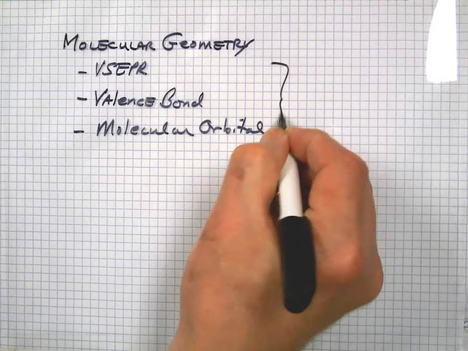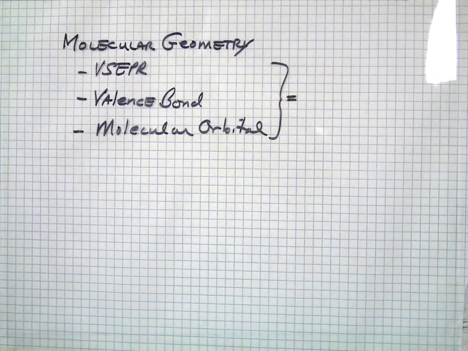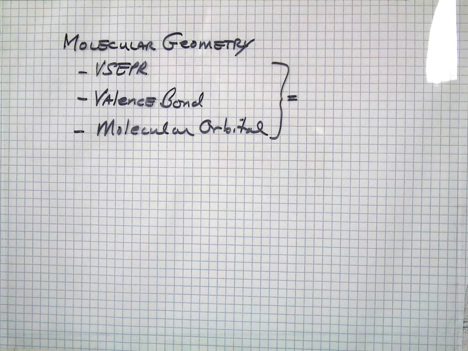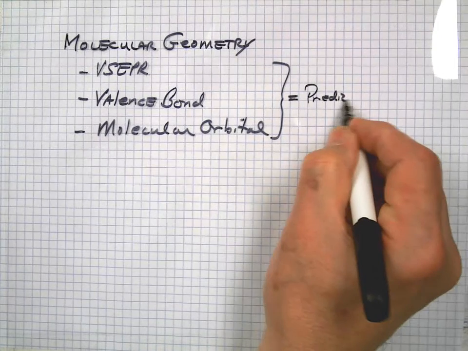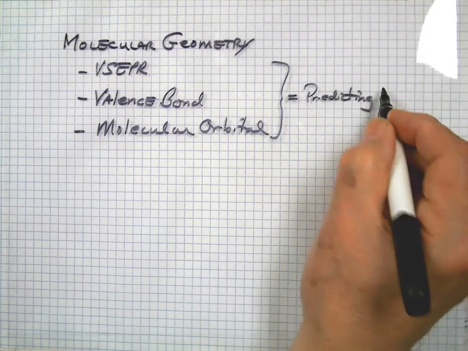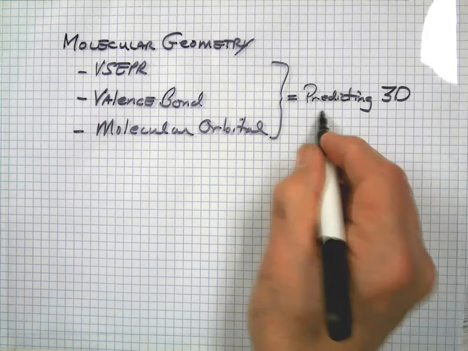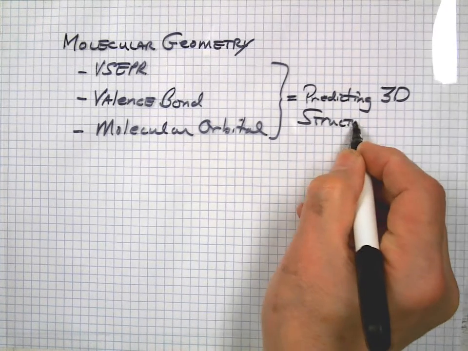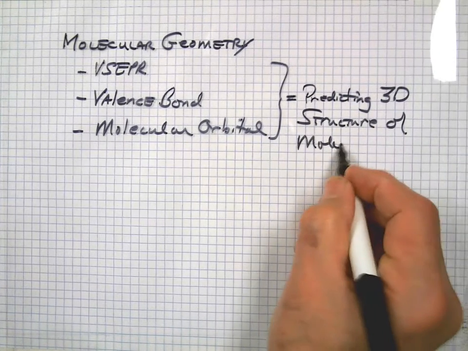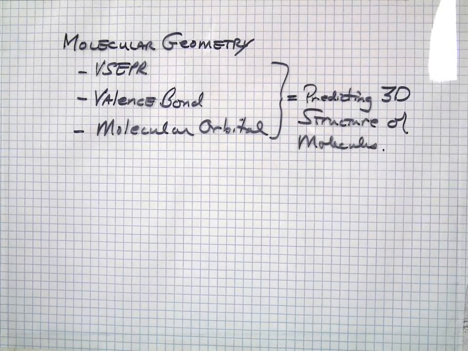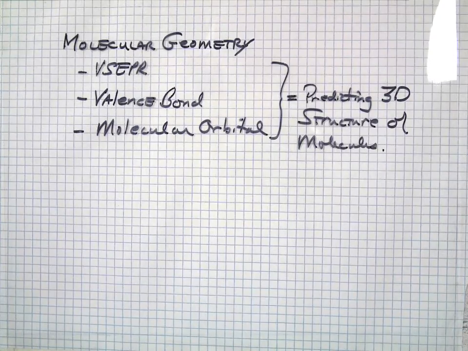These theories primarily deal with predicting the three-dimensional structure of molecules. These can be predicting structures of ionics as well as molecular compounds, so the procedures will match as we go through.